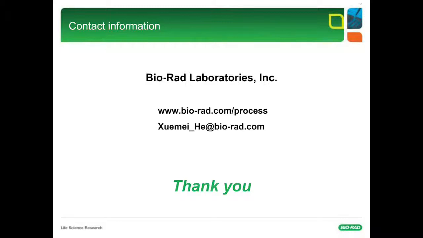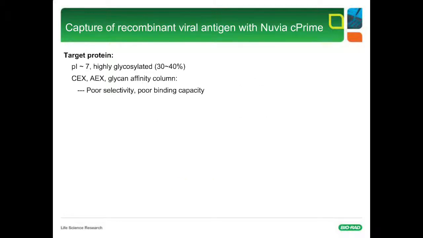I also have one question from the audience on slide 18. I'm not sure if we have the data to answer this directly, but it was asked that there was some amount of tetraborate used in the elution for the viral antigen. Do you have an idea why that was added to the elution buffer where we decided to elute the actual target molecule after the washing step? Well, let me talk a little bit about the history. This was done in collaboration with a client.